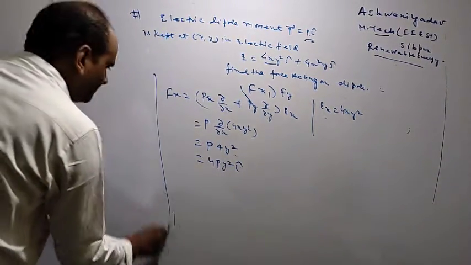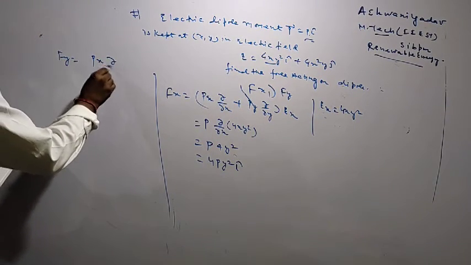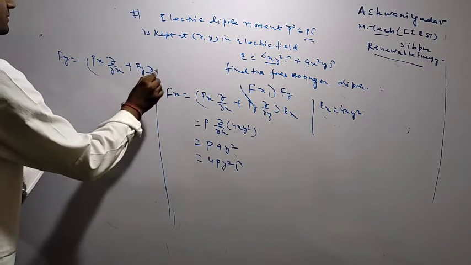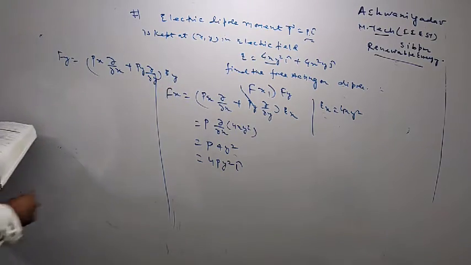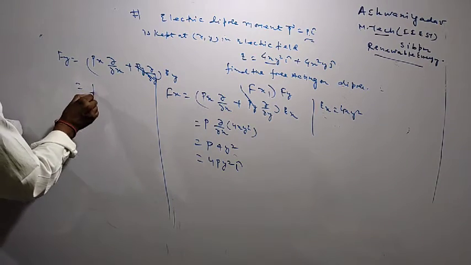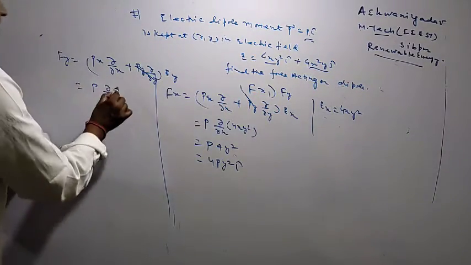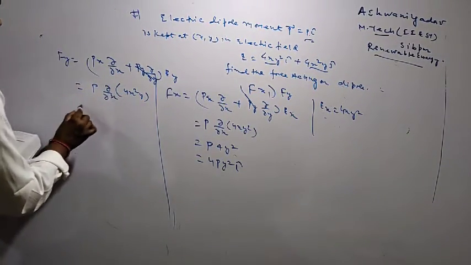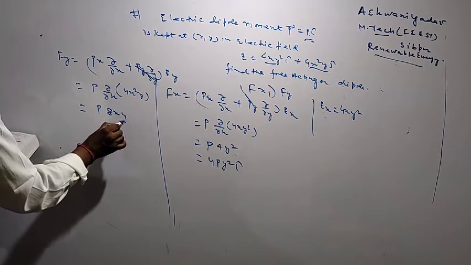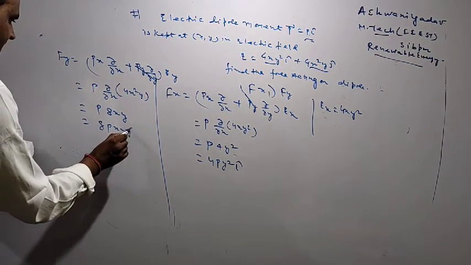Similarly, you can find the force Fy. Write this operator px del x plus py del y into Ey. Again, this is going to vanish because py is 0. So we have p del by del x of Ey, and Ey is 4x square y. So we have p into 8xy, so we have 8pxy in the j direction.